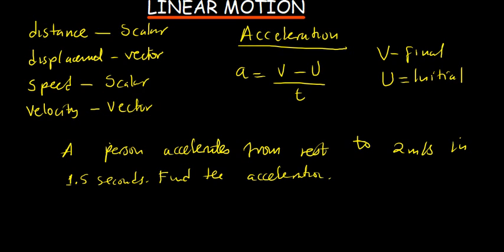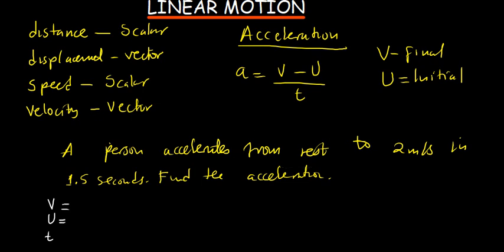So if you follow this statement well, a person accelerates from rest. So here, you need to write the final velocity, and then the initial velocity and also the time. In this case, a person accelerates from rest, meaning that at the beginning they were not moving.